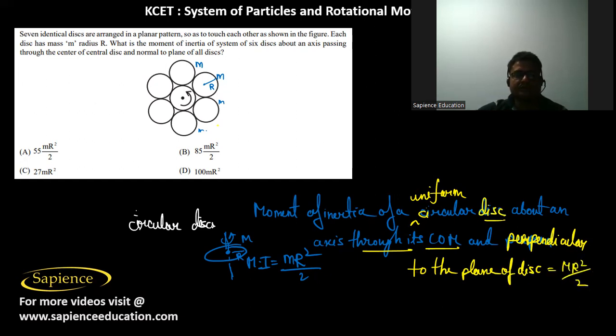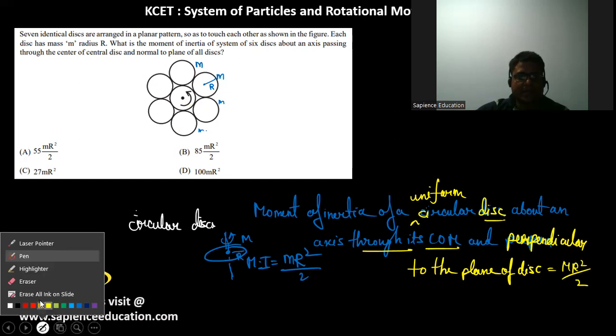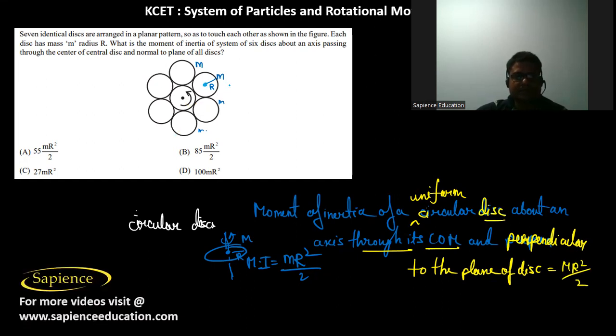So here also, about this axis, this will be mr square by 2, this also will be mr square by 2. So here we have to apply the parallel axis theorem, since this length L will be obviously 2r, twice the radius.